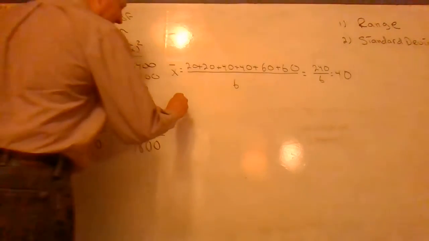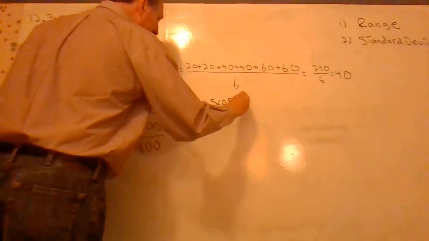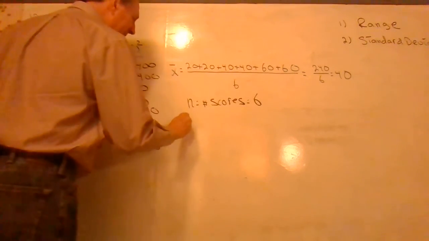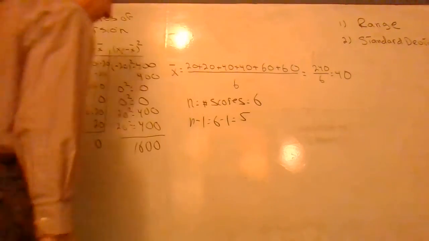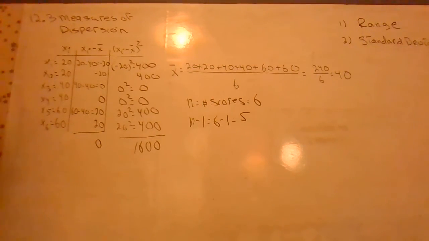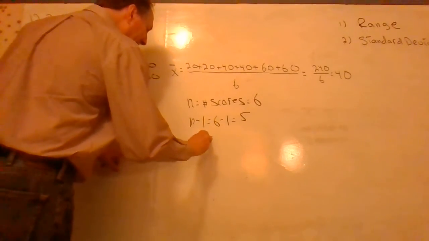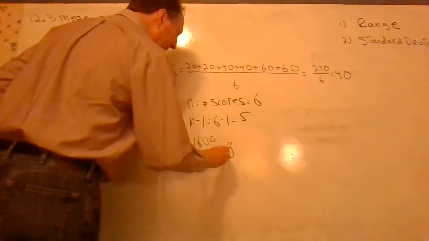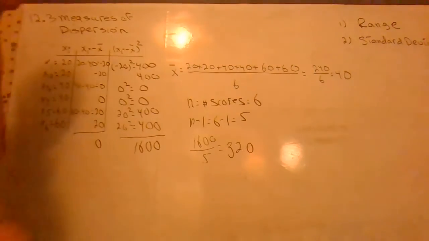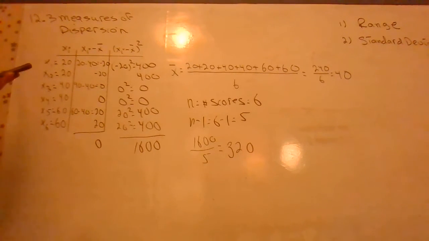Then what we're going to do, n is equal to the number of scores, which is equal to 6. N minus 1 is 6 minus 1, or 5. That's always 1 less than n. This is the procedure to calculate the standard deviation. I'll show you the formula in a minute. Then what we're going to do is divide 1600 by 5, and that ends up being 320. You can use a calculator for that if you want.